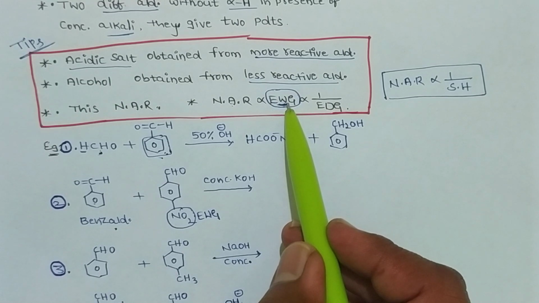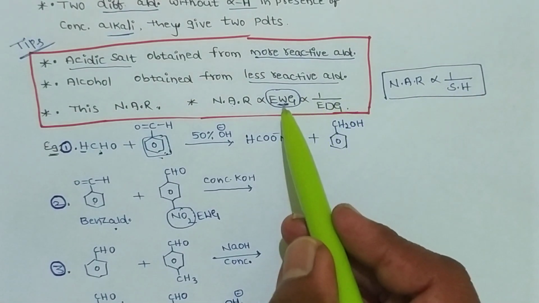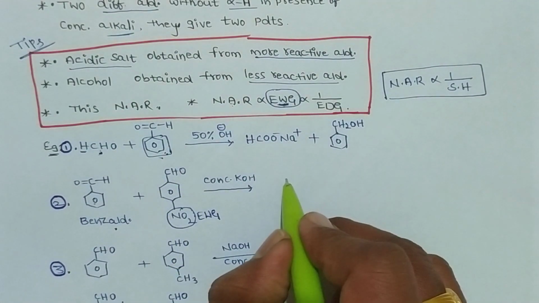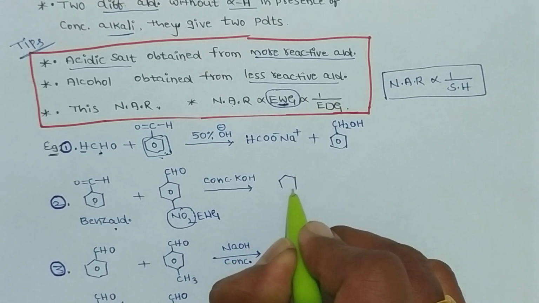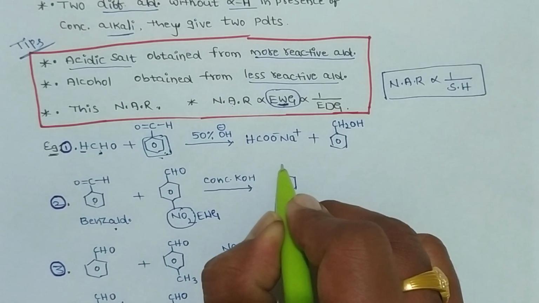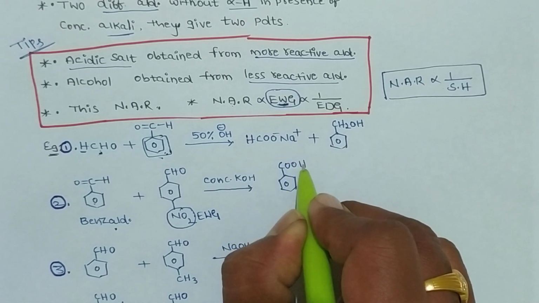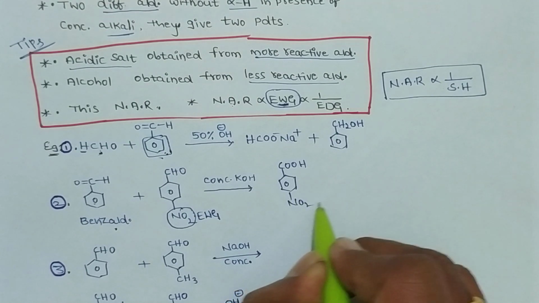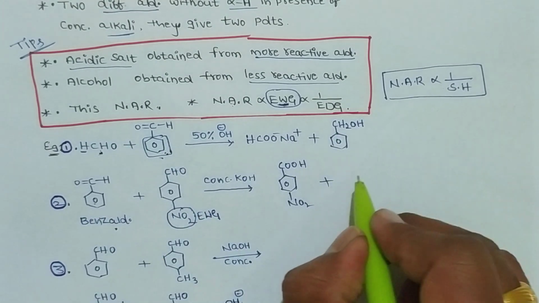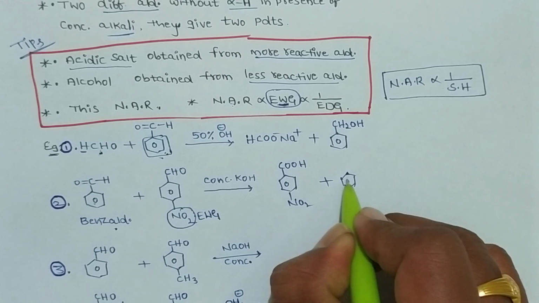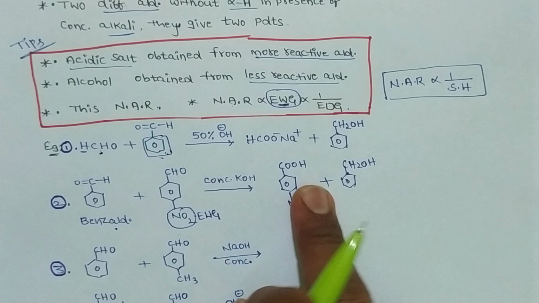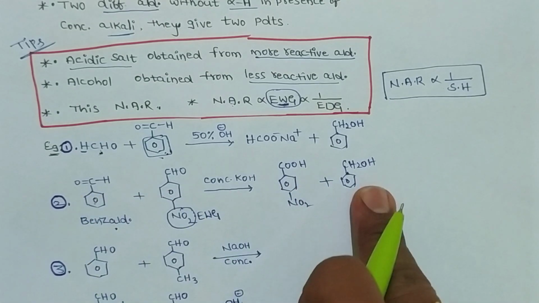The more the withdrawing power, the easier the attack of OH minus ions. So it is the more reactive aldehyde, and it will give an acidic salt, followed by hydrolysis to give the acid, plus the less reactive aldehyde will give the alcohol. That is reduction. The more reactive undergoes oxidation, the less reactive undergoes reduction. Why is it more reactive? Because an electron withdrawing group is present.